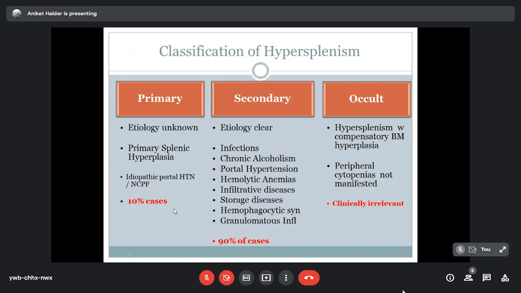The etiology is unknown, and there can be primary splenic hyperplasia, or the other term, that is the non-cirrhotic portal fibrosis, or Banti syndrome, where there can be idiopathic portal hypertension along with hypersplenism. And there is a third entity called occult hypersplenism, which is clinically not relevant, because occult hypersplenism is defined by hypersplenism which is usually compensated by bone marrow hyperplasia. So there will not be any peripheral cytopenias, and hence it will not be manifested, and so it's clinically not relevant.